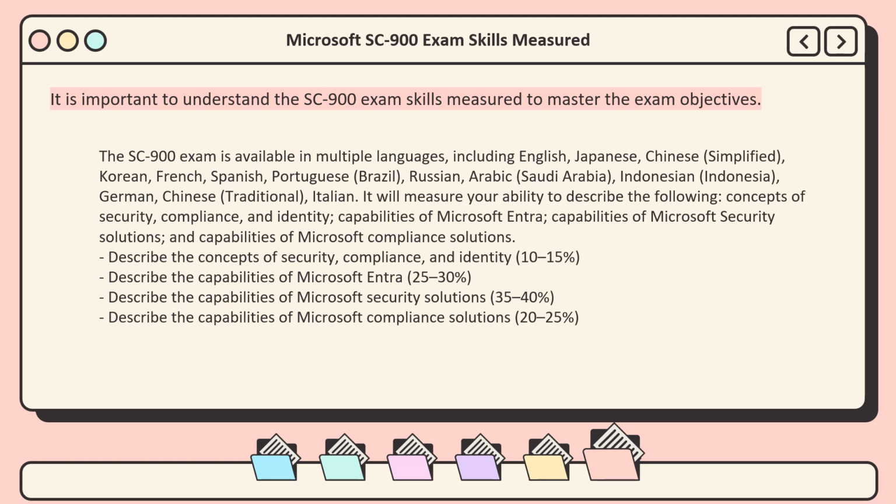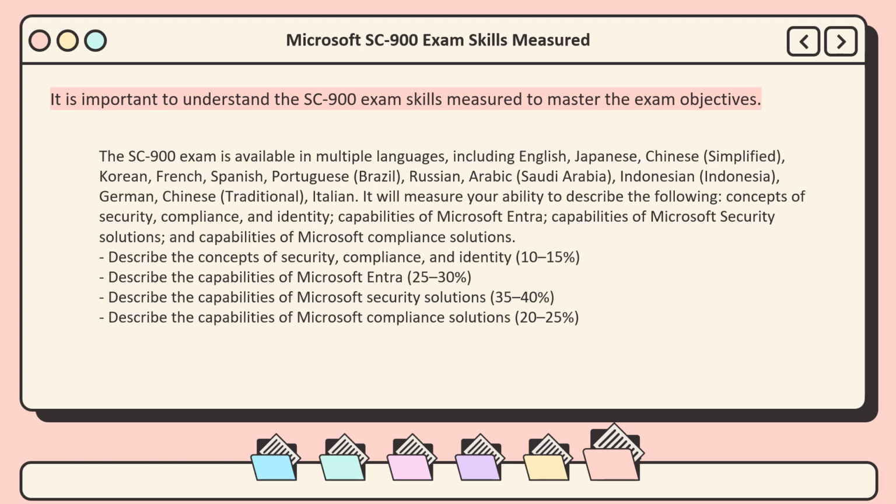It will measure your ability to describe the following: concepts of security, compliance, and identity, capabilities of Microsoft Entra, capabilities of Microsoft Security Solutions, and capabilities of Microsoft Compliance Solutions.